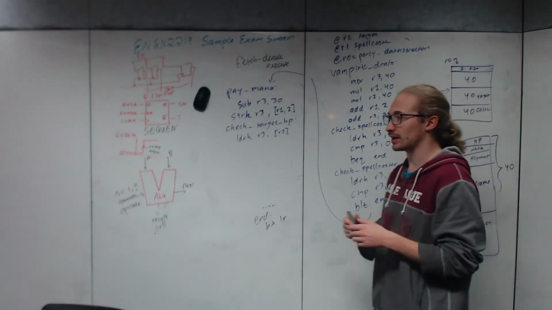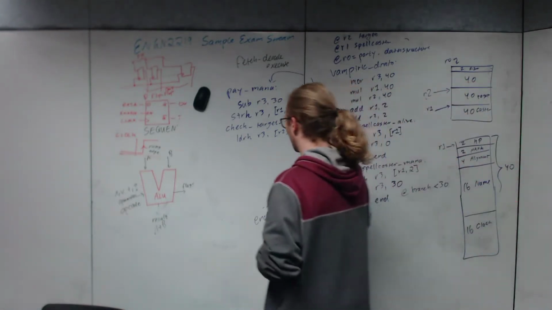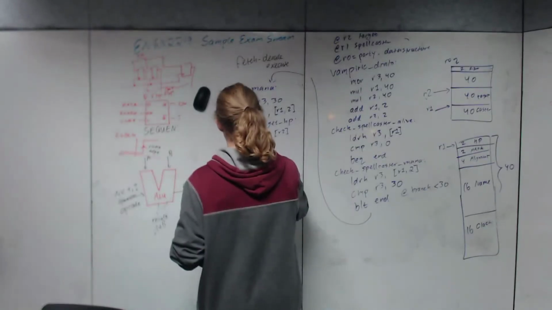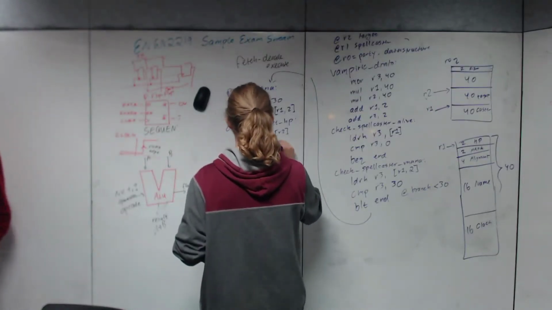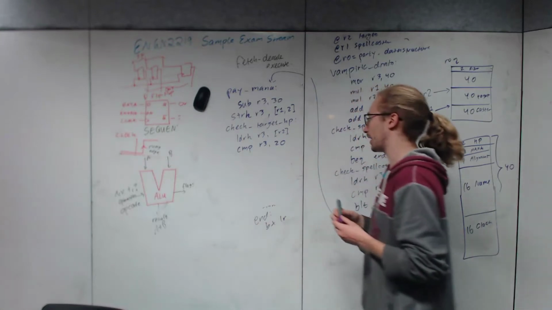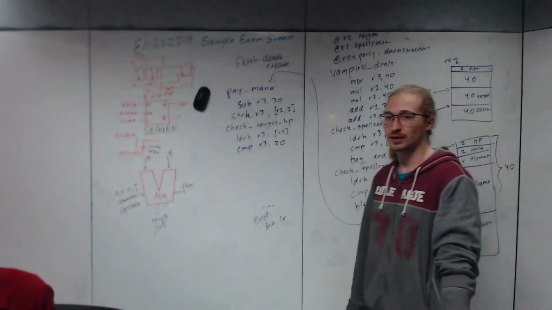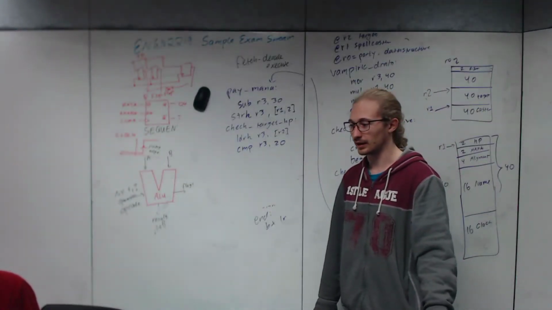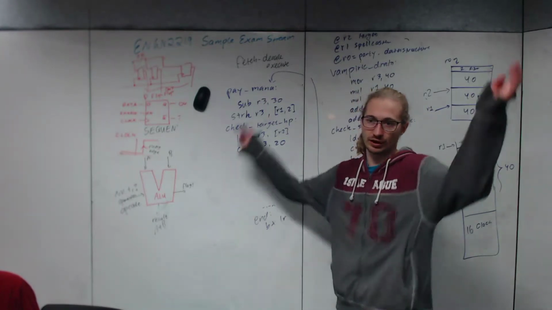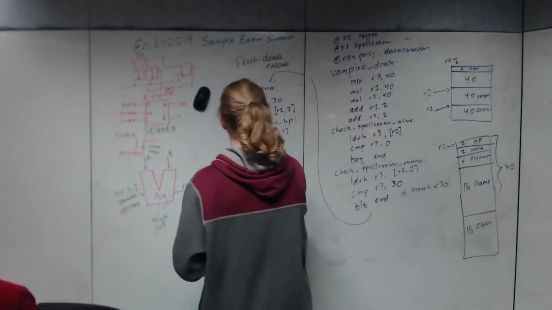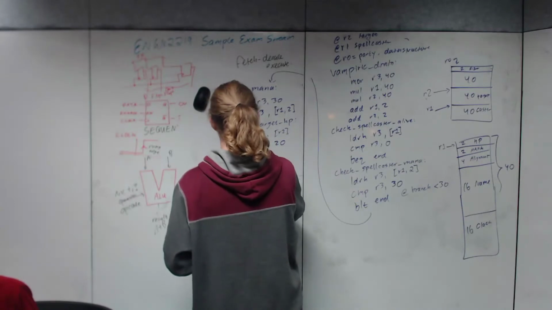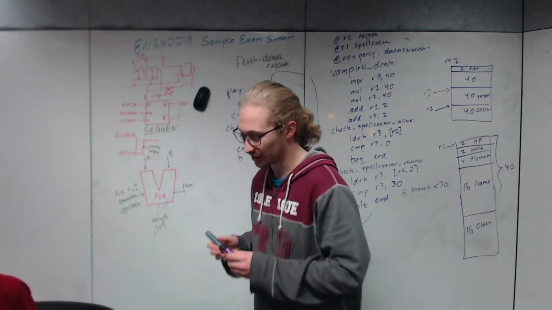I then have to check if there's at least 20 points there. So compare R3 with 20. If it's at least 20, I'll steal 20. And if there's not at least 20, I'll steal all of it. So I want to branch, and now I've got to check my cheat sheet again.